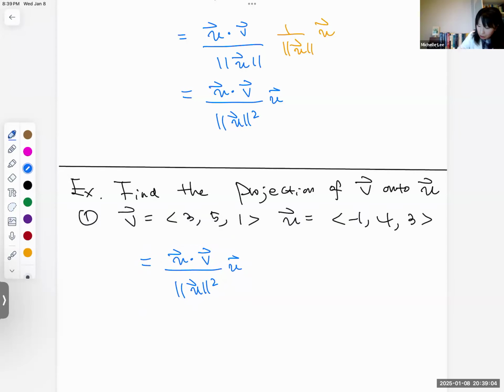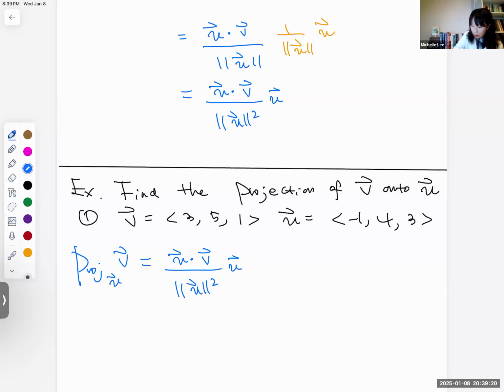Okay, projection of V onto U, right? So we can apply exactly the same formula. We don't have to change any letters.